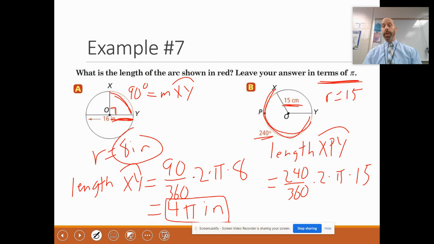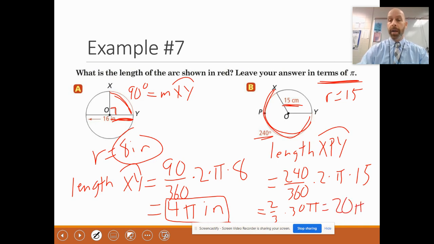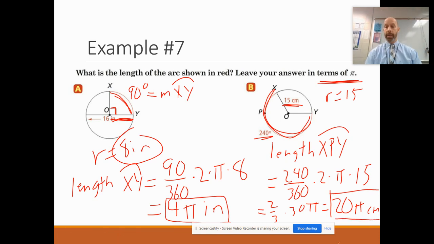I would just use your calculator. I would do 240 divided by 360. You're going to get 2/3. In fact, let me just show a little bit of work here. You're going to have 2/3, and then 2 times 15 is 30 pi. And so you're going to get 20 pi, and the units here are centimeters. So it's 20 pi centimeters. That is going to end our presentation for the day.